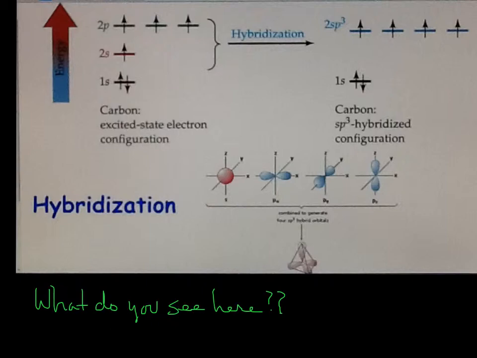So we're taking part of the s and part of the p, and what we get is what we call 2sp3, or sp3, which means 1 part s and 3 parts p. That comes from the 3 p orbitals and the 1 s orbital. This is what we consider to be hybridized: these bonding orbitals are all the same.